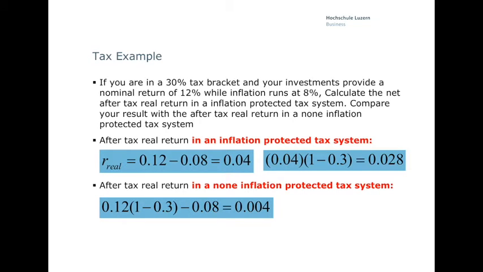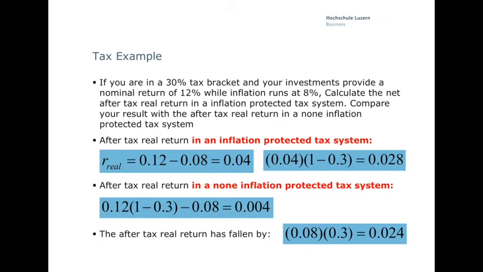The after-tax return in a non-inflation protected tax system is calculated by multiplying the nominal rate of interest of 12% times 1 minus tax, minus the inflation rate of 8%, resulting in 0.4% of real return. Now, if you compare the inflation-protected tax system with the non-inflation-protected tax system, you see there is a difference of 2.4%. The incremental tax liability is therefore the inflation times the tax bracket.